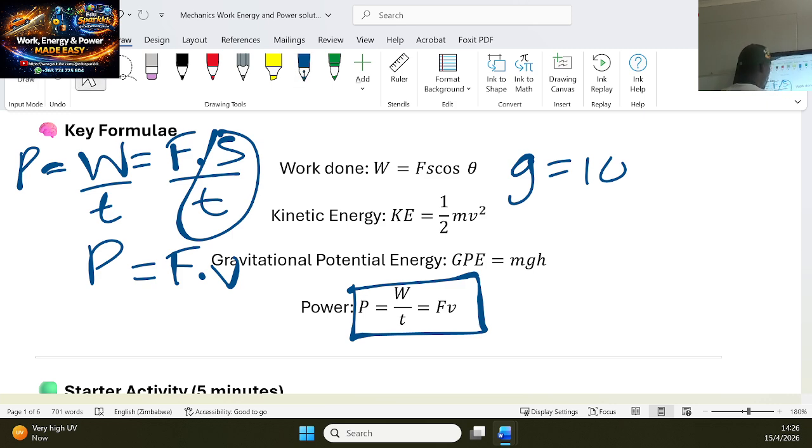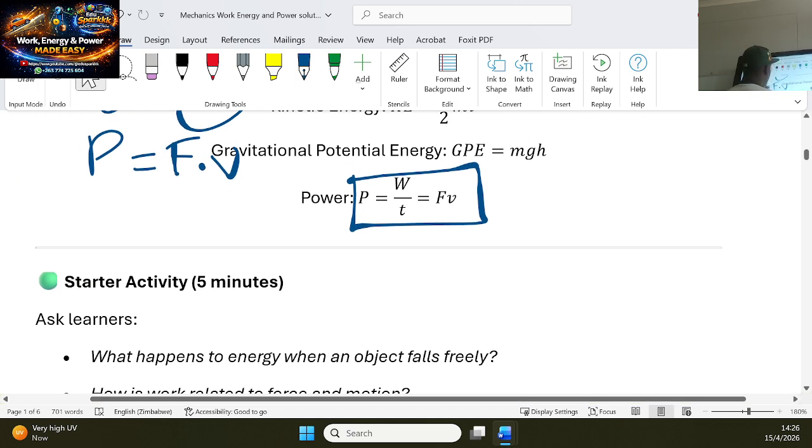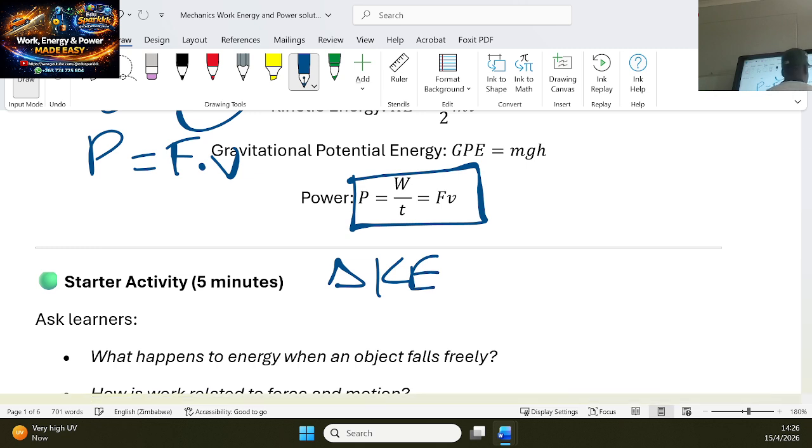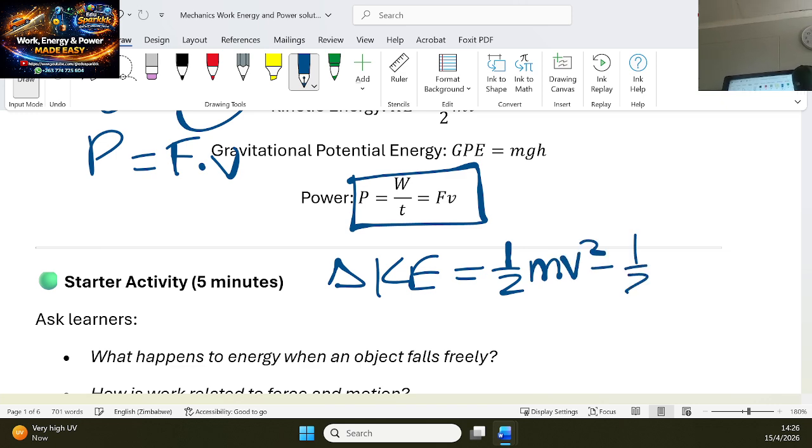But let's also have a different way of thinking. If I look at a change in kinetic energy, which I believe is also work done, the change in kinetic energy is equal to the final kinetic energy, which is half mv squared for the final velocity, minus half mu squared for the initial velocity.